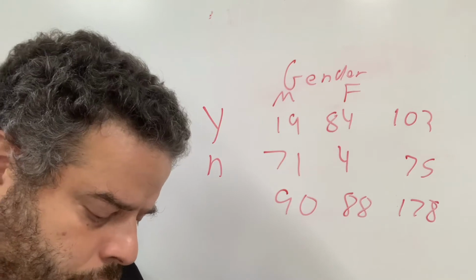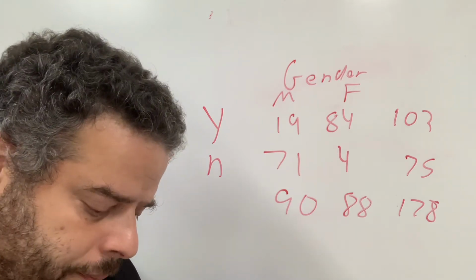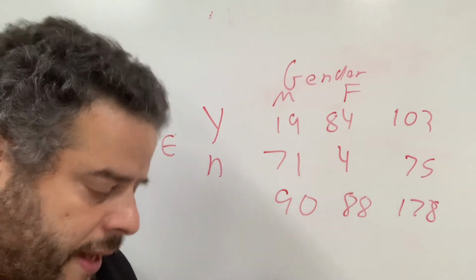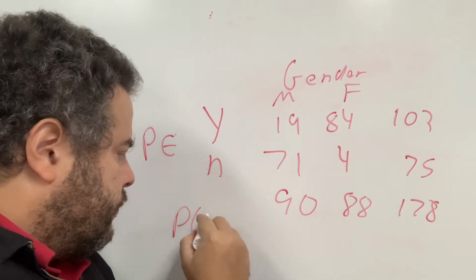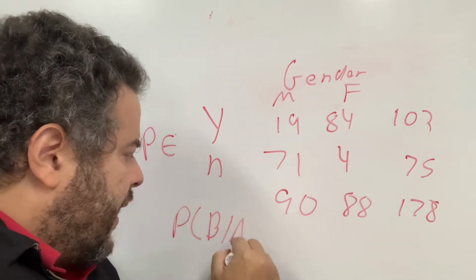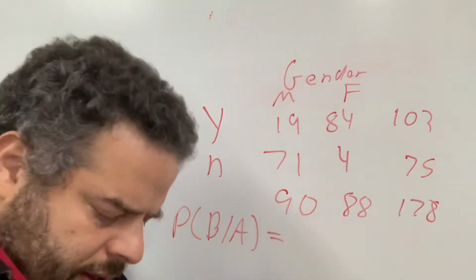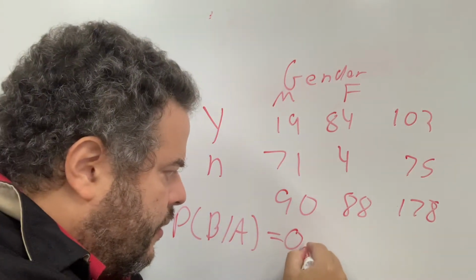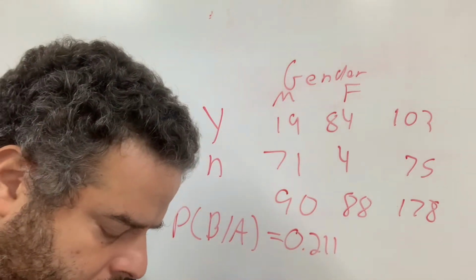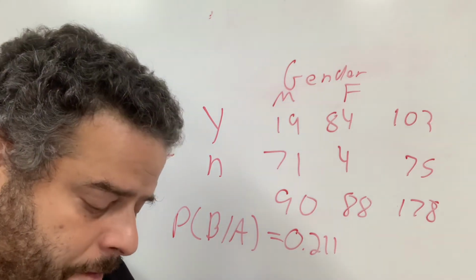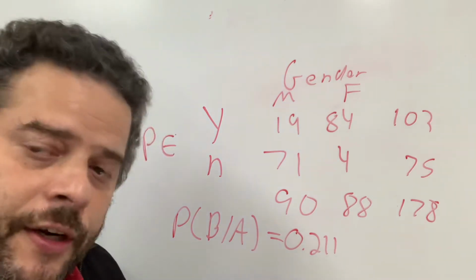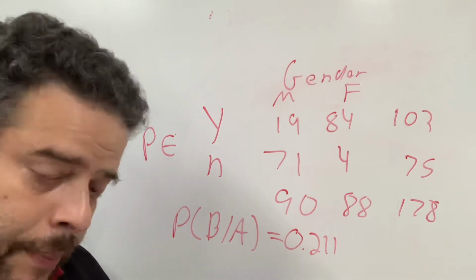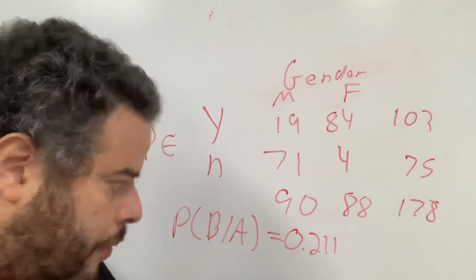And the probability of a male that has a pierced ear is, according to the book, 0.211. And a female having a pierced ear is a lot bigger. It's 0.955.